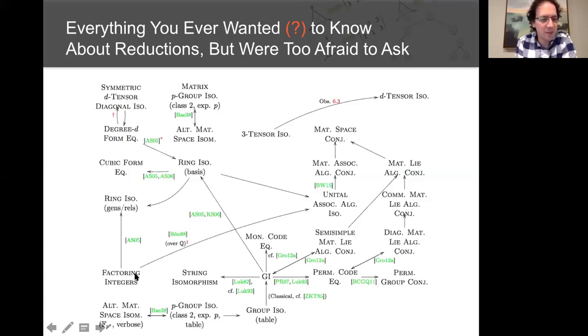Factoring integers, a traditionally hard problem on which much crypto is based, is over here. And this reduces to, so it's no harder than several of these other problems here. Maybe some of you will be more interested in some of these problems than others. But the other thing to notice is that 3 tensor isomorphism is right here, and D tensor isomorphism is slightly above that.